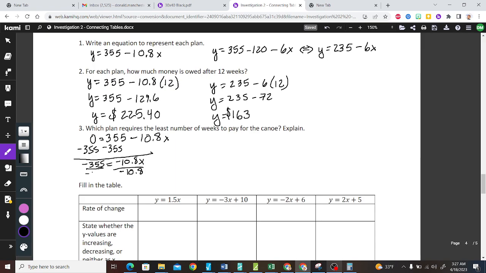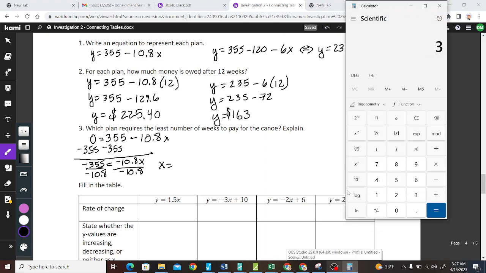Divide by negative 10.8. And x equals 355 divided by 10.8. That gives us 32.9, so we would say that this would actually be 33 weeks, because you'll owe money for the 33rd week.